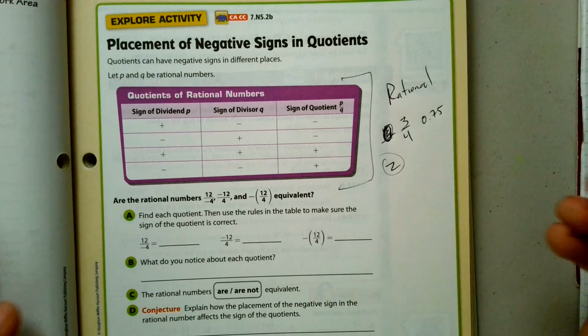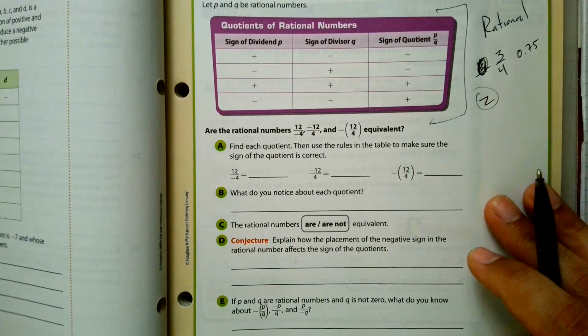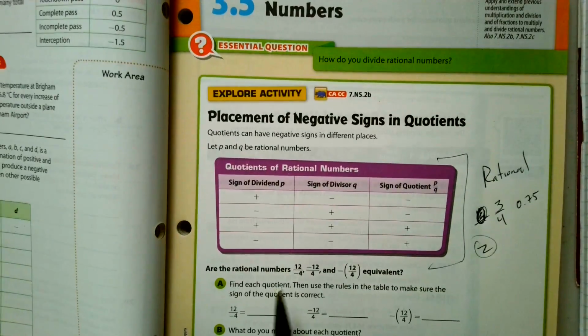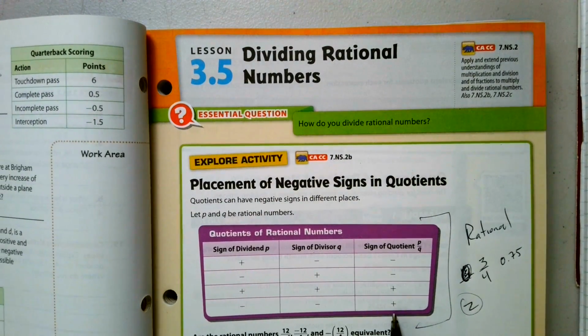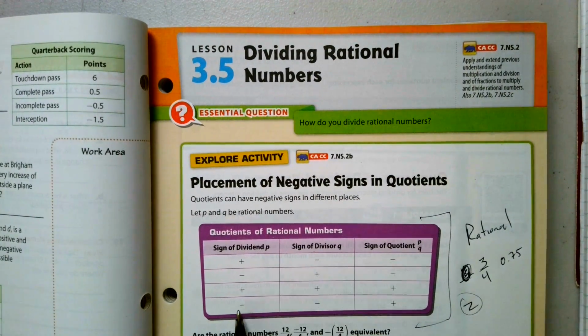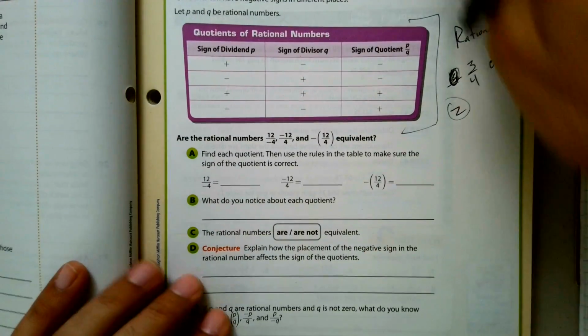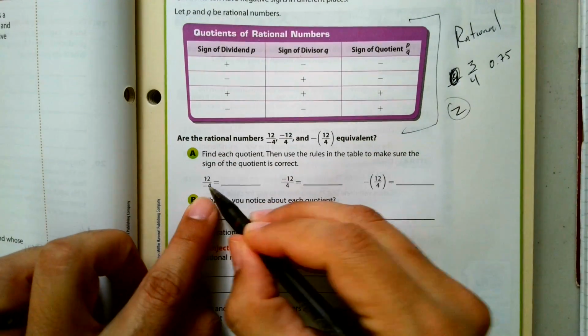So all we're trying to do is learn how to recognize these types of sign rules so that we don't get confused. So it really comes down to using positive and negative numbers with all of these different kinds of rational numbers. All right? So what's 12 divided by 4?